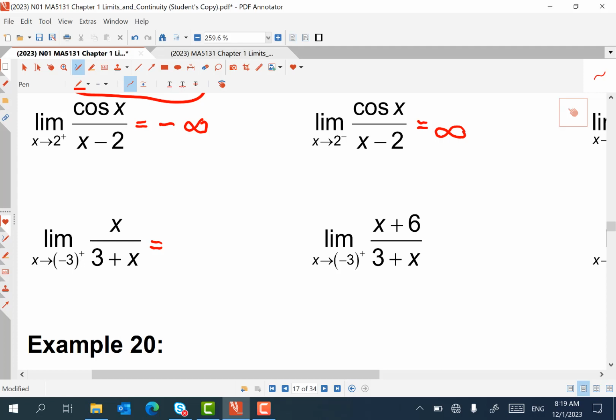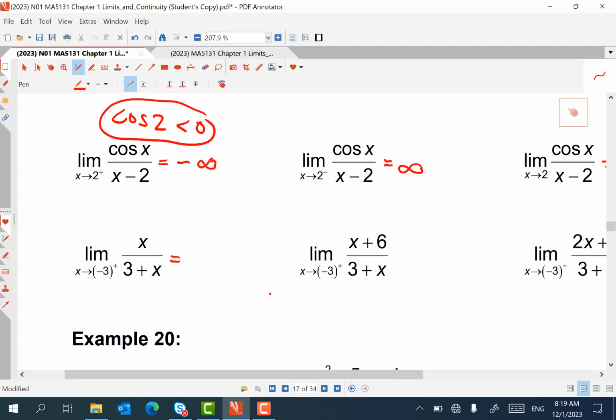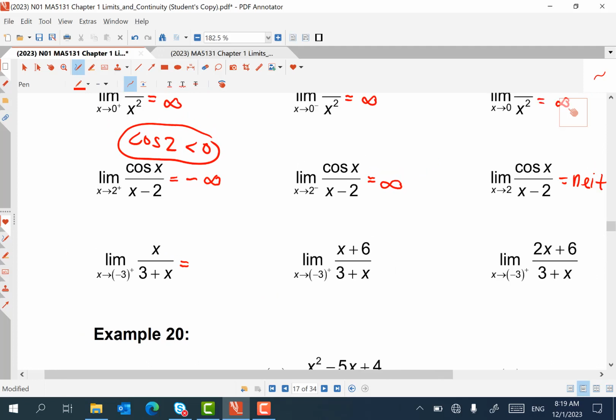For the next one, okay, for the next one, when x tends towards -3 plus, you can think of a number that is -3 plus, like -2.99. So the top is negative, right?